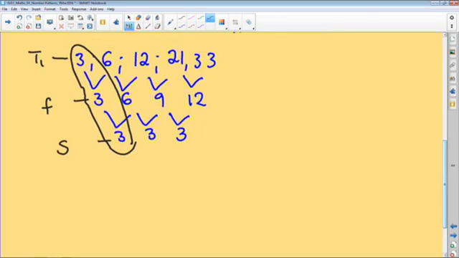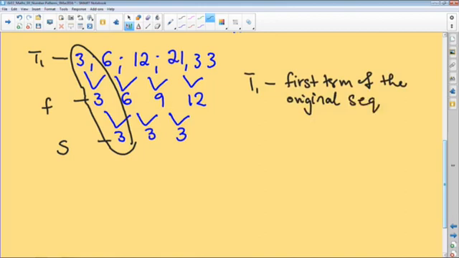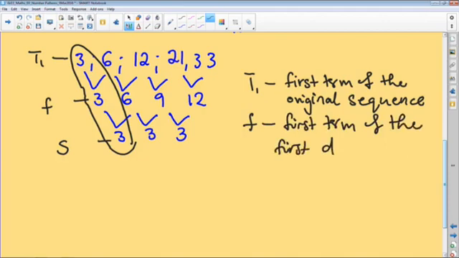So T1 is the first term of the original sequence, and then F is the first term of the first difference, and then S is the second difference.